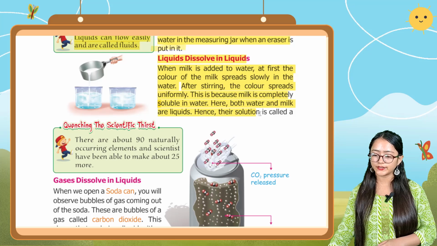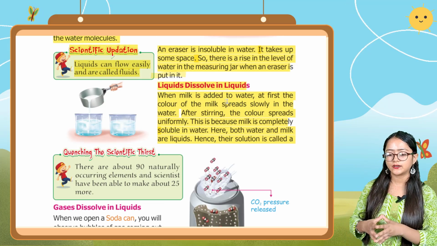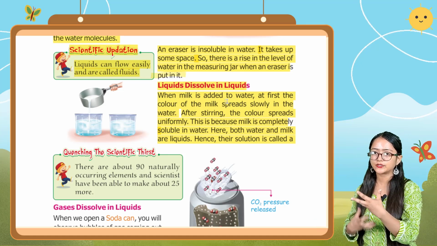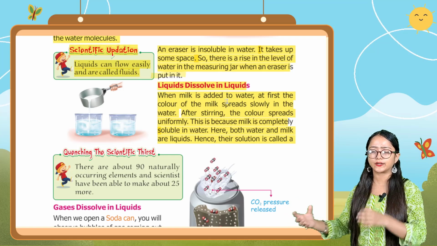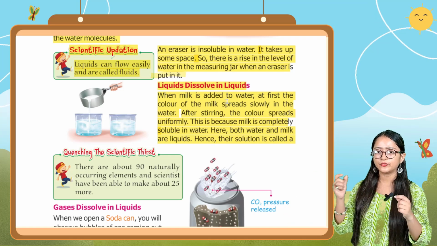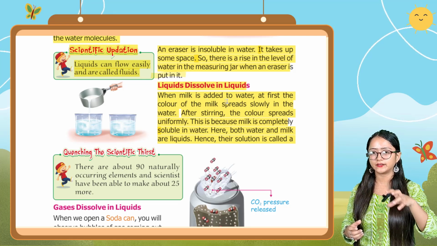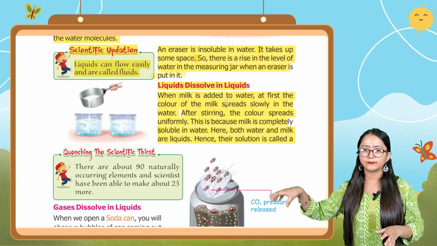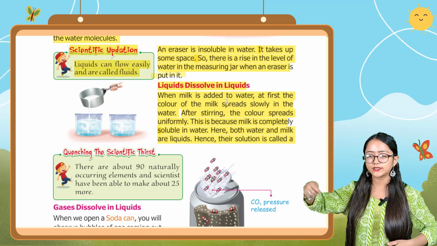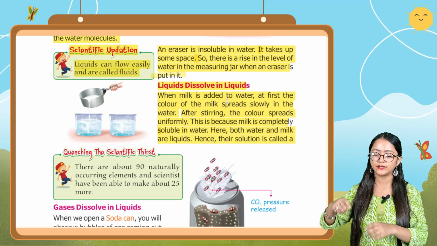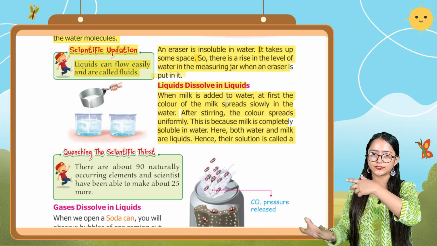Here both water and milk are liquids, hence their solution takes place. Okay, so basically it is saying that liquid dissolves in liquid. For example, when you mix some water in milk, or you want to mix some milk in water, that milk spreads slowly in water, and when you stir it, the color spreads uniformly in the water.